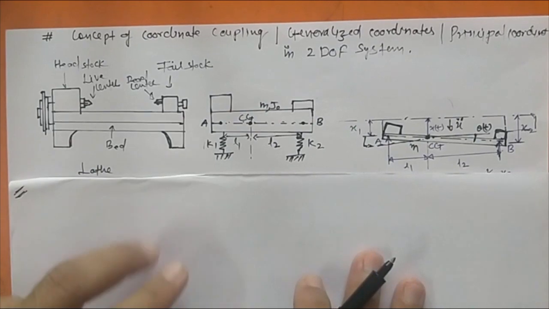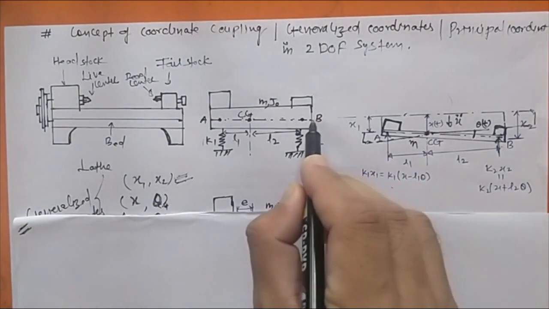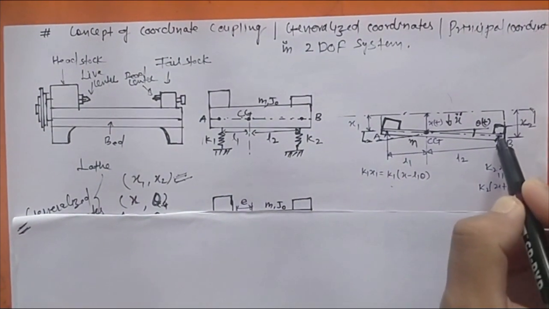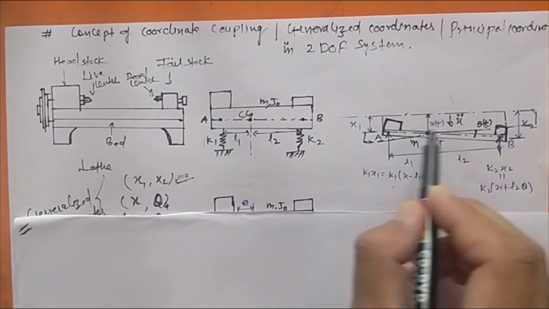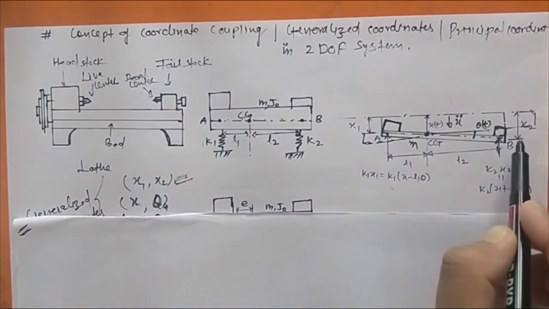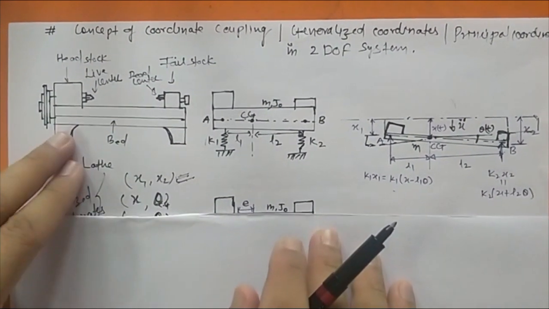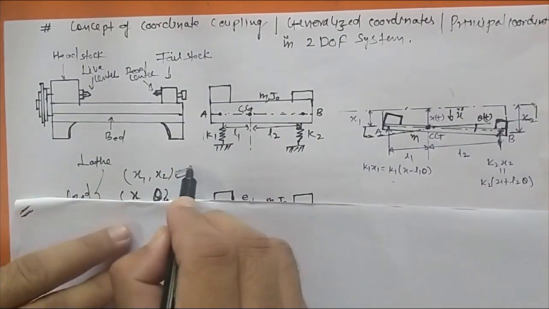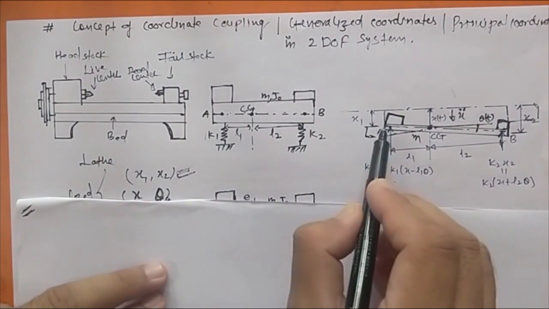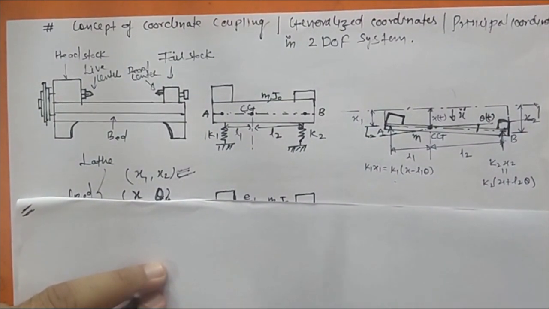For the first set of coordinates, we can take the linear displacement of point A from its equilibrium position and the linear displacement of point B. So x1 and x2 are the linear displacements of points A and B from the equilibrium position. So the first set of coordinates can be x1 and x2, and if both x1 and x2 are known to us, we can represent its exact configuration at any point of time.